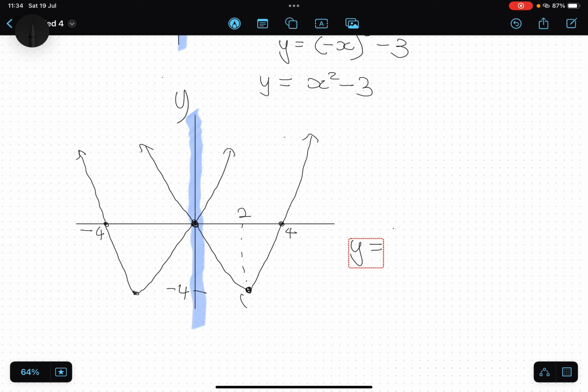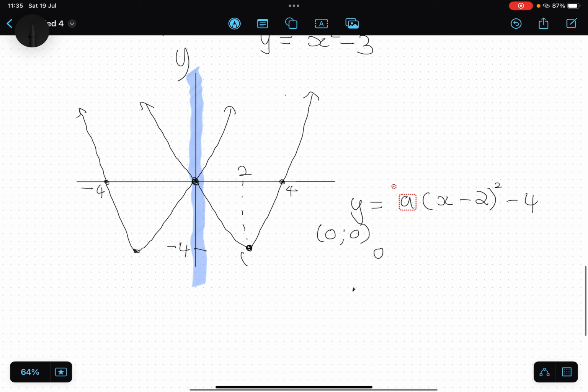So it'll be y equals a times (x, now turning point is plus, so it'll be) minus 2 squared minus 4. Okay, to get A, you're just going to have to sub in another value. So I'm going to sub in the origin.